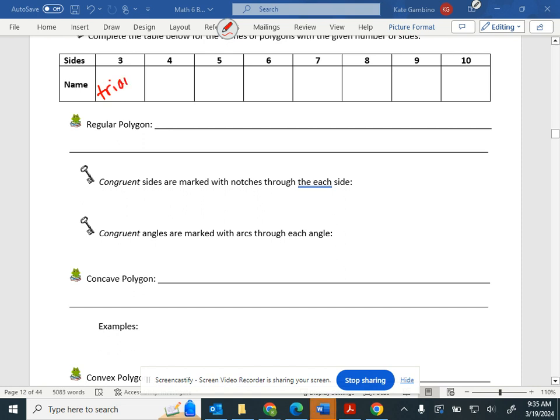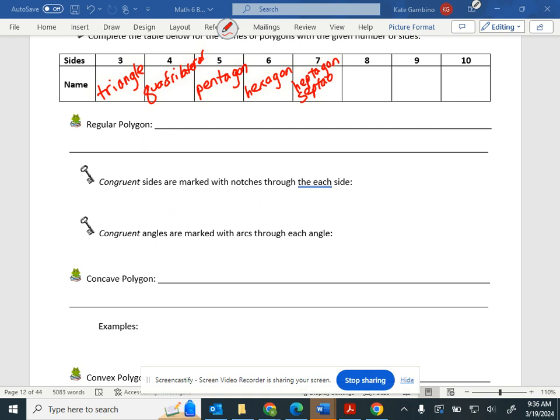3-sided polygon is the triangle. 4-sided is the quadrilateral. 5-sided is the pentagon. 6-sided is the heptagon, right? No, hexagon, sorry. Hexagon. 7-sided can either be called a heptagon or a septagon.